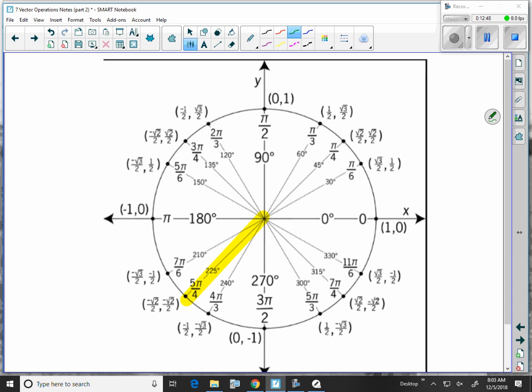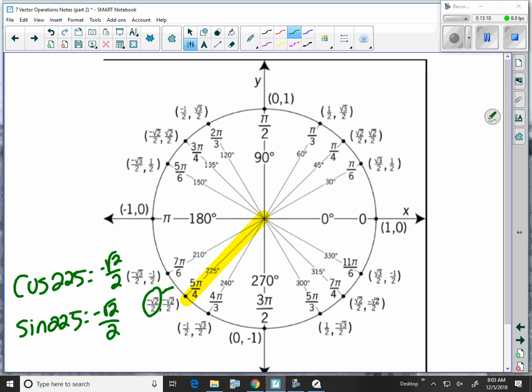If I ask you for the cosine of 225, what would you tell me? You would tell me that x value, negative radical 2 over 2. These just so happen to be the same. That doesn't always happen.